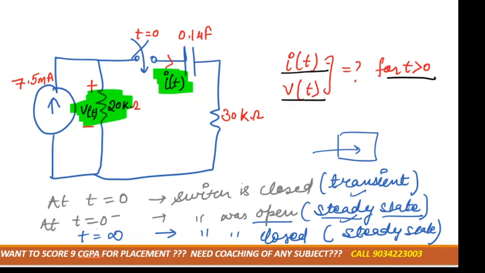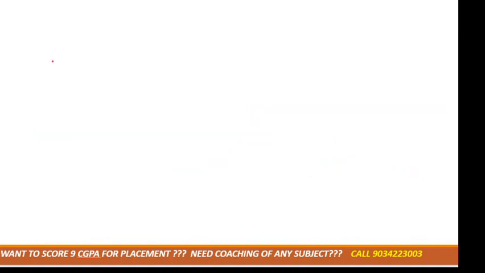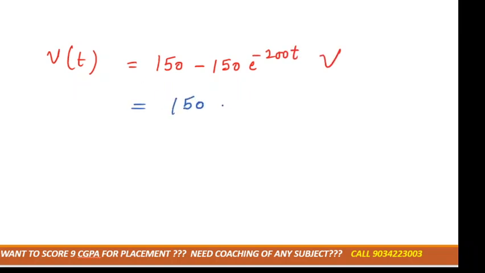Okay, so the final value we got for the capacitor, that is V of t is equal to 150 minus 150 e raised to power minus 200t volt. We can take 150 as common, 150 times 1 minus e raised to power minus 200t volt, right?